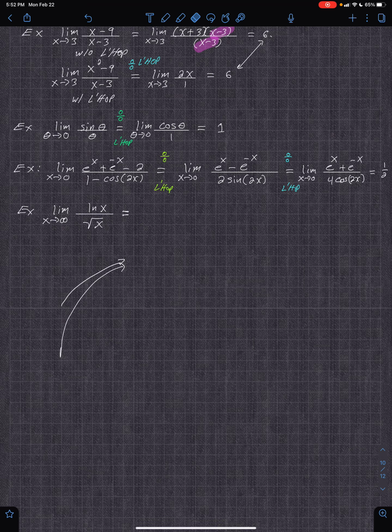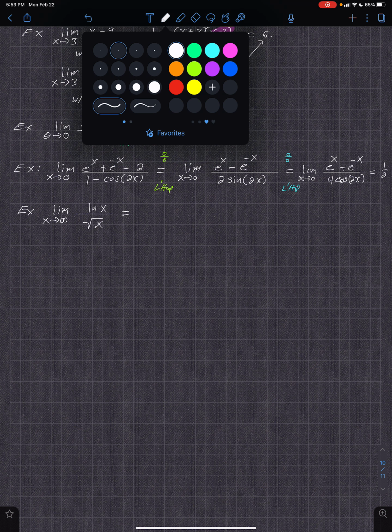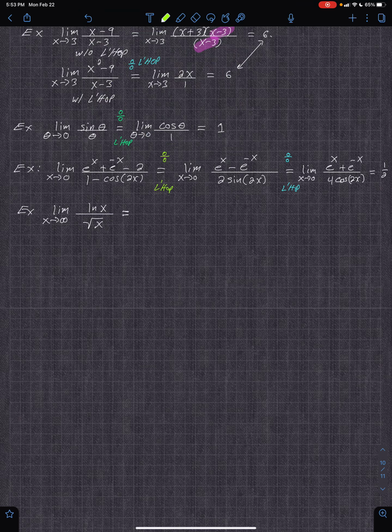So what happens? Does it approach 1 or what? Let's take a look. Basically, does one of these grow faster than the other when you approach infinity? Significantly faster than the other, is what it's approaching. So when you do this, you get infinity over infinity. So this is the other case, right? So then you apply L'Hopital's rule.